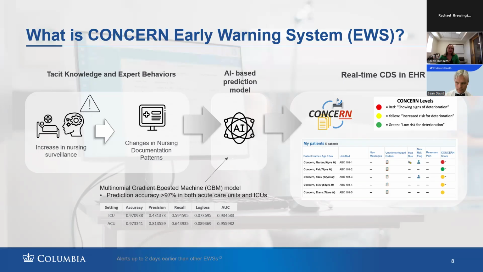It's actually an ensemble-based modeling approach. And so what that means is it's many different models. And so we have about 1,200 models within the concern system. And so, for example, we incorporate a lot of temporal information, like the day of the week, is it day shift or night shift? And much of this relates to looking for common patterns versus uncommon patterns.